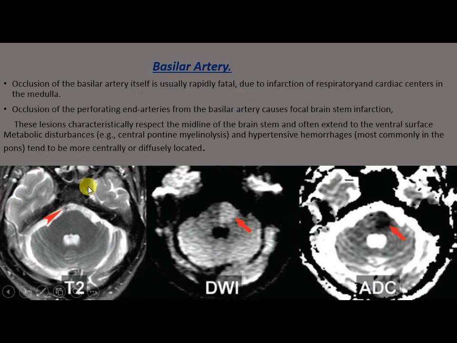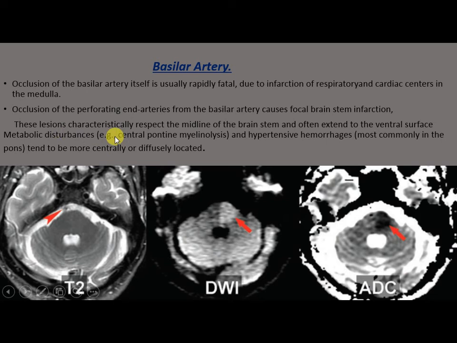Basilar artery. Occlusion of the basilar artery itself is usually rapidly fatal due to infarction of the respiratory and cardiac centers in the medulla. Occlusion of the perforating end arteries from the basilar artery causes focal brainstem infarction.